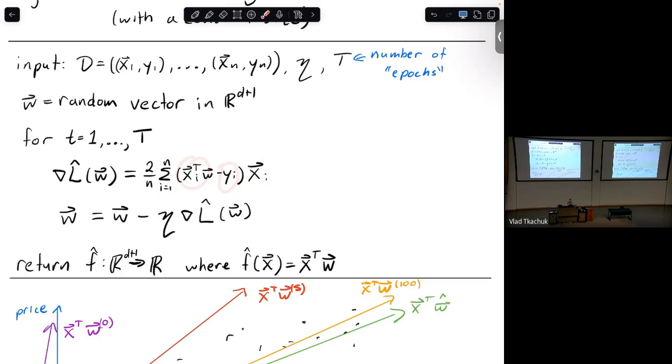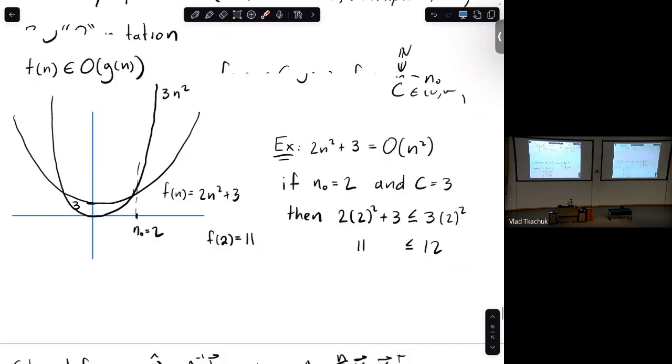That's going to take d operations as well, because you do element-wise subtraction. Then you have a number, and then you have a number times a vector. Well, that's, once again, just d operations. So you end up with actually 3 times d operations to execute this. That's just big O of d. Then you have a sum over n, so that's n times d. And then you multiply by a constant, which is just constant time. And so this calculation is going to take you n times d time.